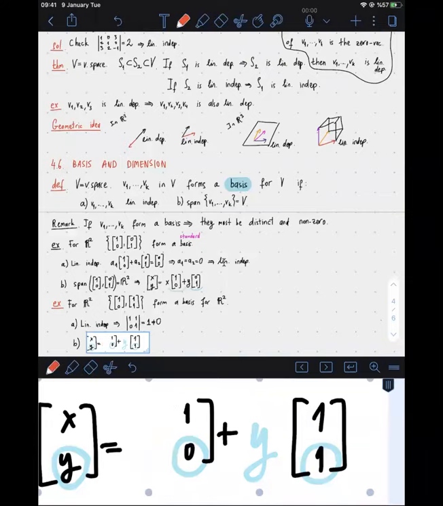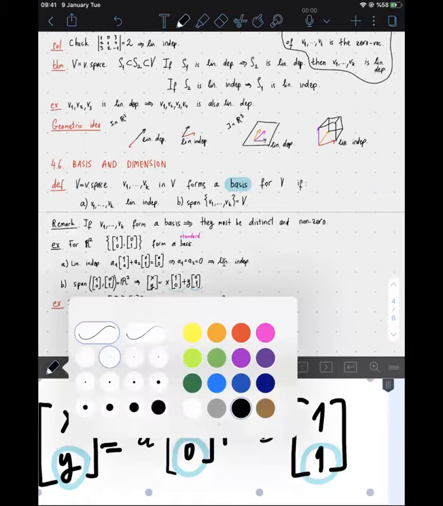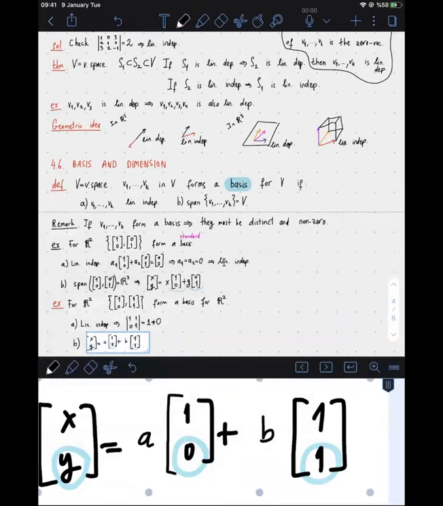So this one was like this. There's A here and B here. The question is, can I choose A and B so that this equation is true?